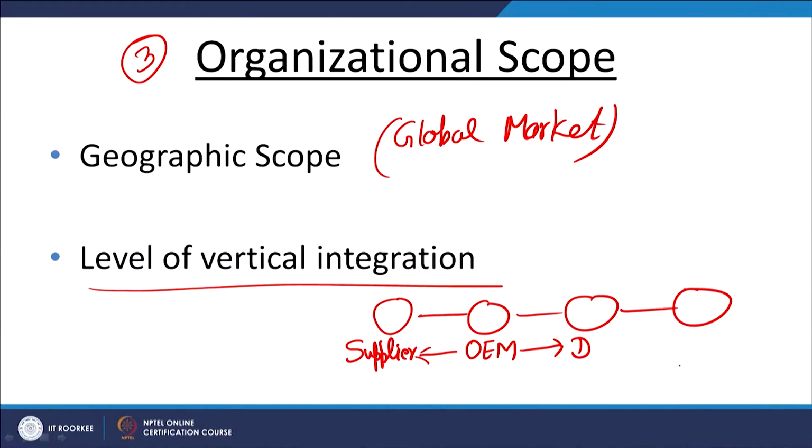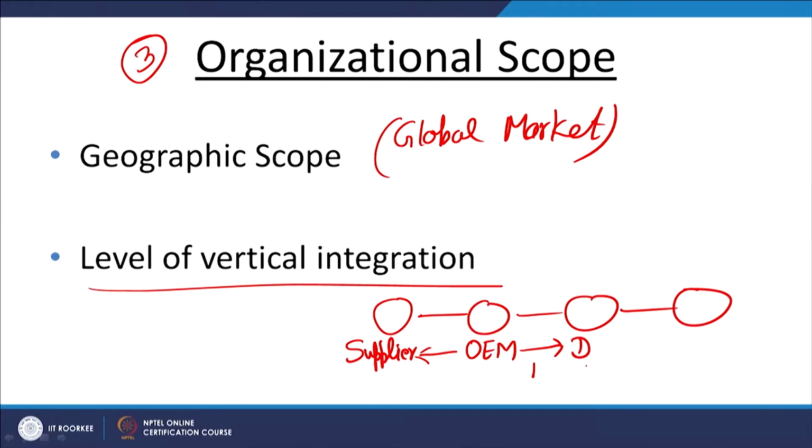In whatever direction I move here, that is known as vertical integration. I may go for one stage of vertical integration, I may go for two stages, I may go one step forward, one step backward. So, there are a variety of possibilities in which I can go for vertical integration. That is also one aspect of my generic manufacturing strategic framework.